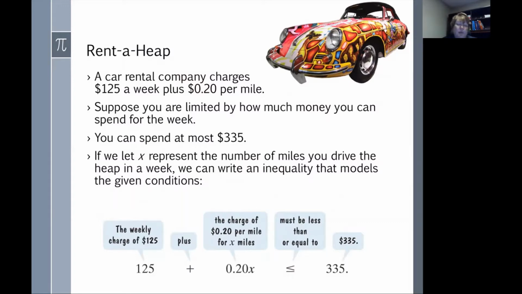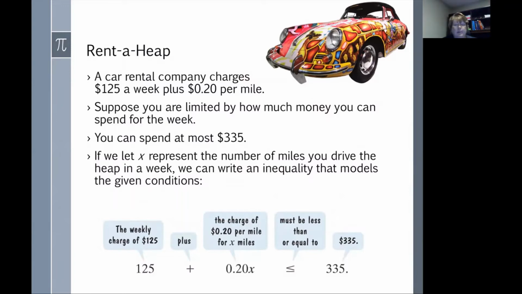Let's let X represent the number of miles you drive the car. So what is this going to cost you? It's going to cost you the flat fee of $125 plus 20 cents for every mile you drive it. So 0.20 times X. Now, at most, I can spend $335. I can't spend $335.10.